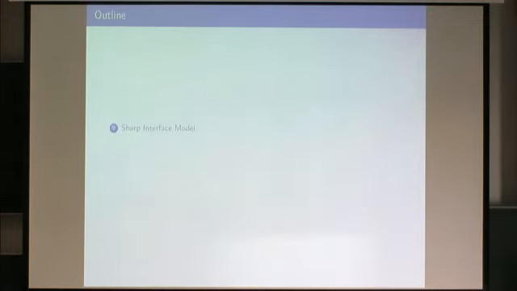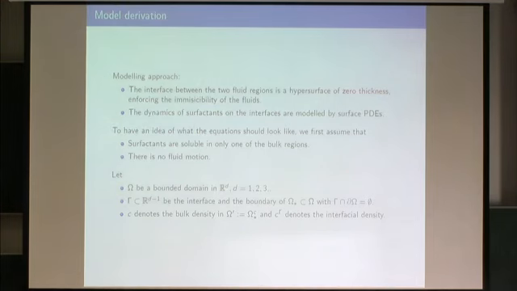So this leads me to the sharp interface model. The idea is we model the interface between the two fluids as a hypersurface, which enforces the immiscibility condition. And so any surfactants on the interface have to be modeled by surface PDEs. To get an idea what the equation should look like, we're first going to assume there's no fluid motion, and surfactants are only soluble in one of the bulk regions.